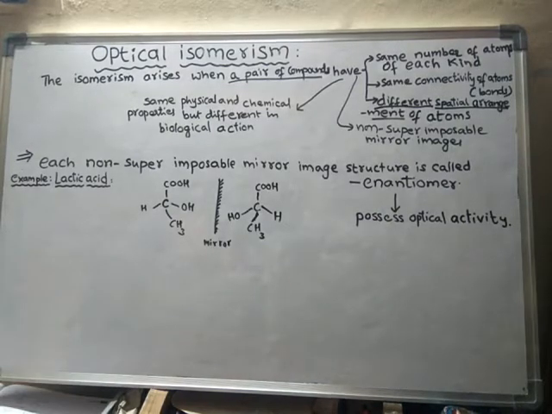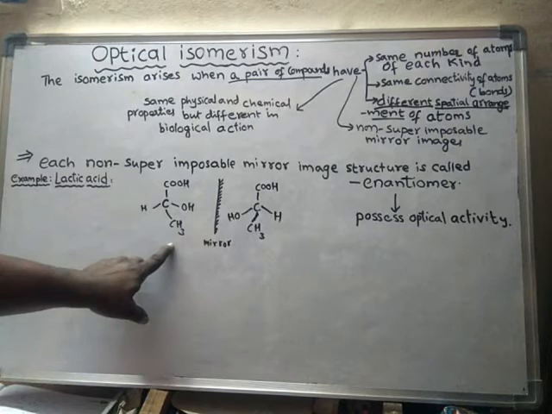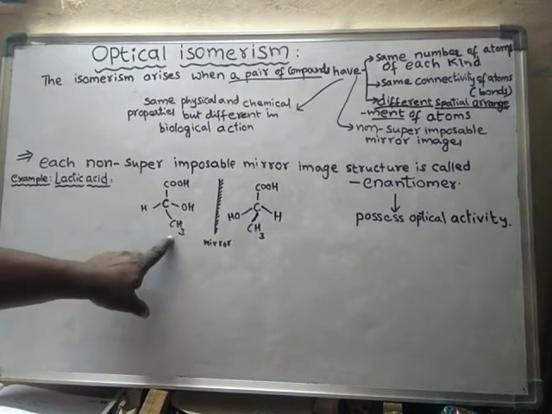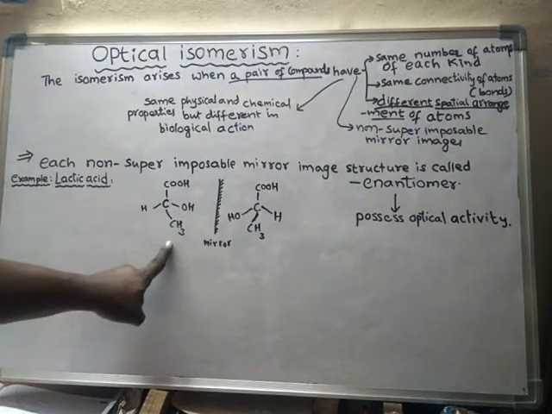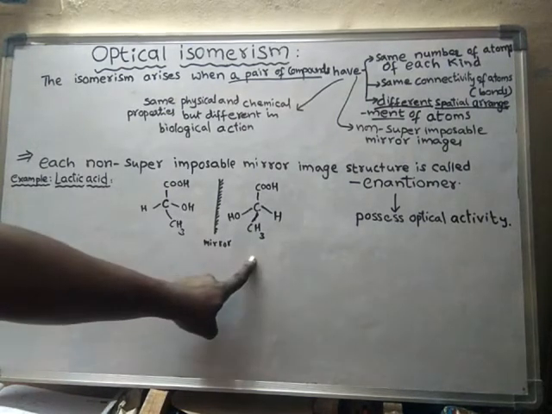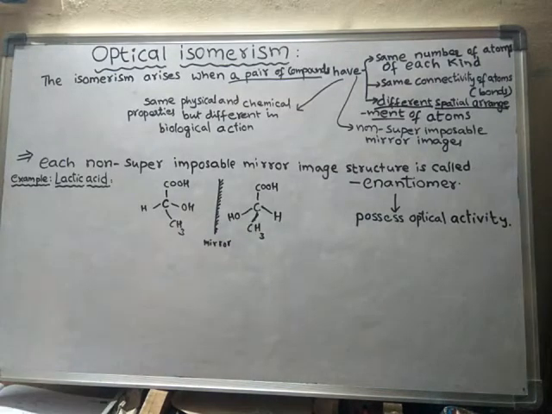The reaction of one compound of the pair with an optically active compound is different from that of the other compound of the same pair. I will explain what an optically active compound is and all those things.